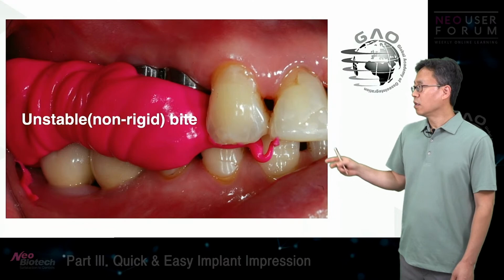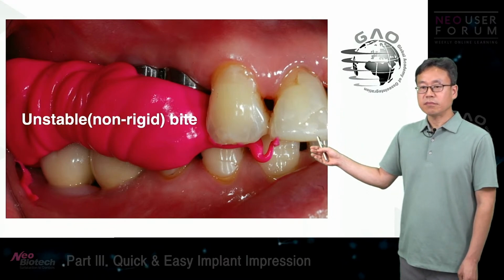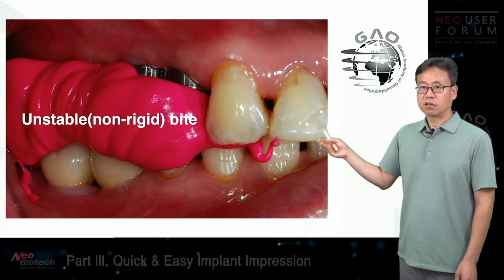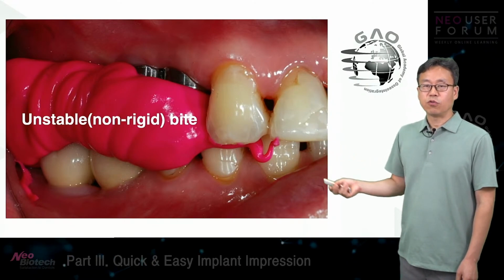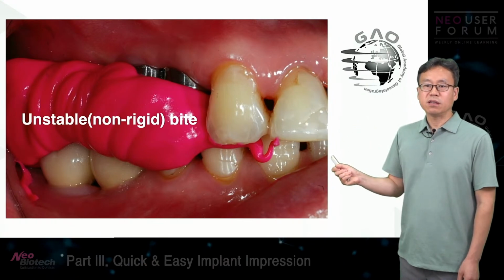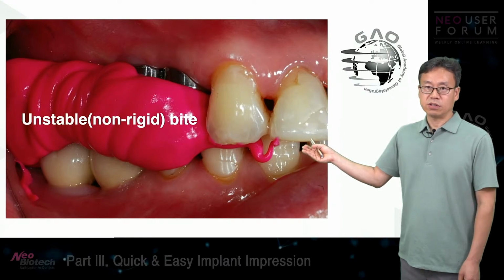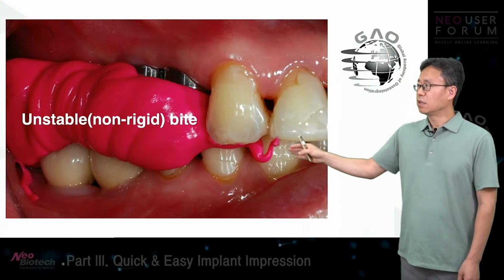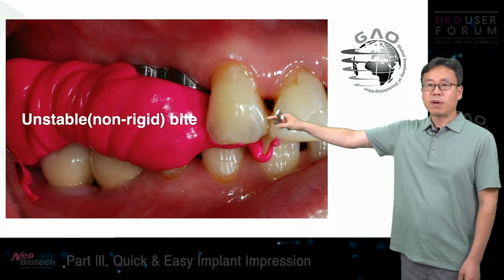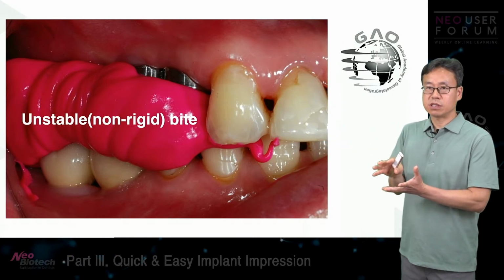I believe for fixed prosthetics, crowns and bridges, we need something very hard or rigid as a bite registration. I think this rubber bite registration material is still a little bouncy.